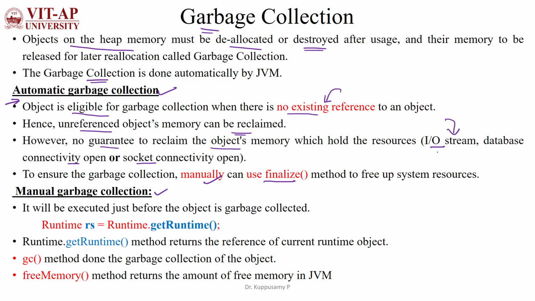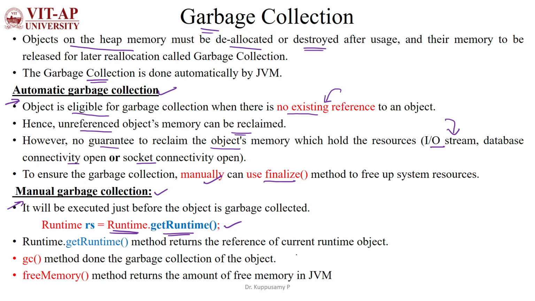this kind of resources. So the manual garbage collection can be applied by using the Runtime class. The Runtime class has the method getRuntime, which gives you the currently running object in the Java virtual machine environment.